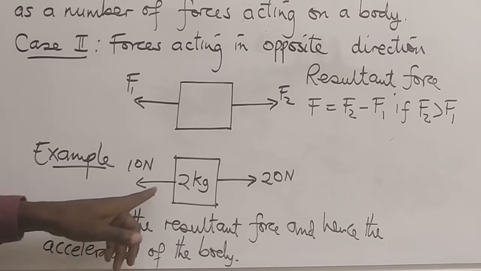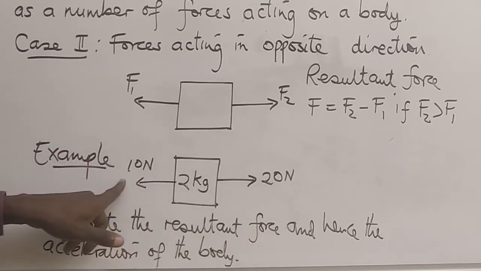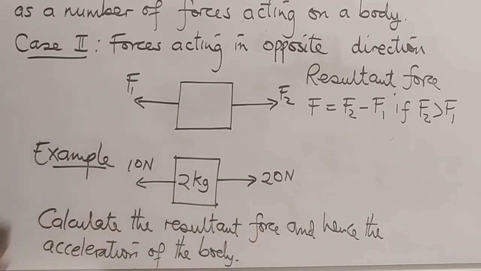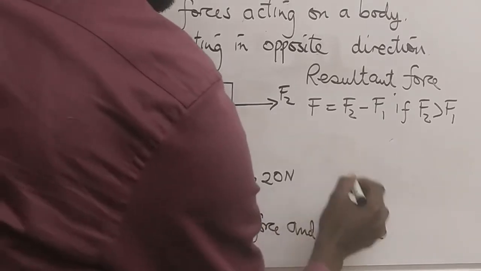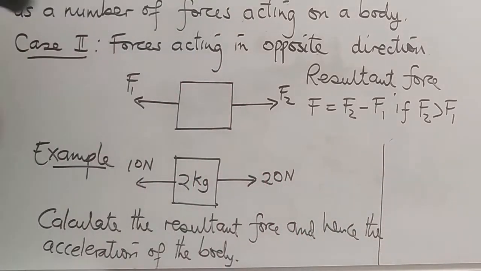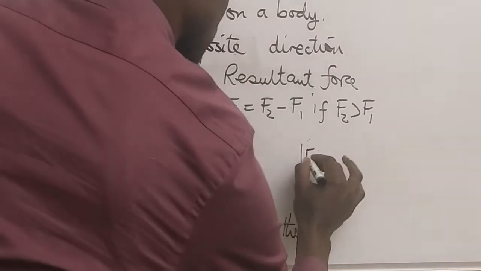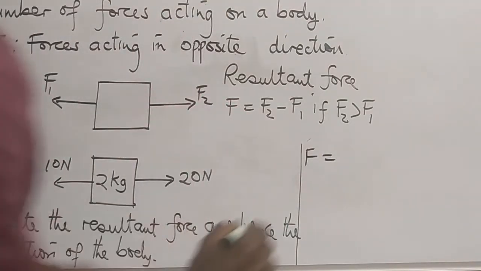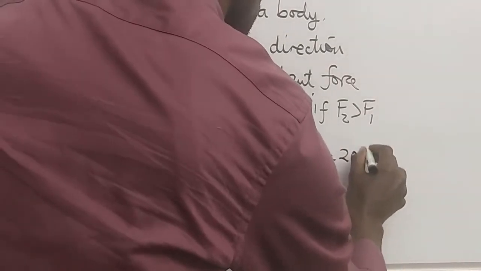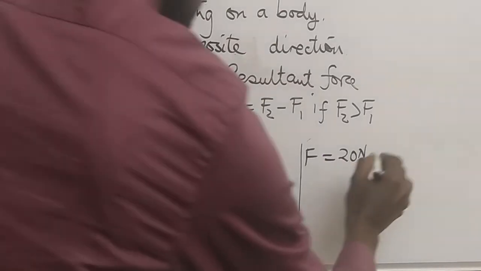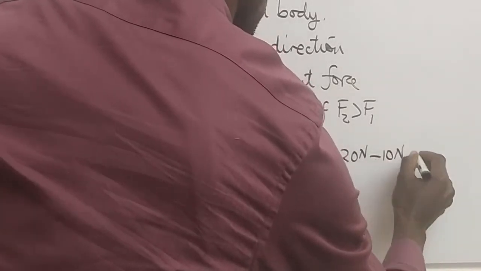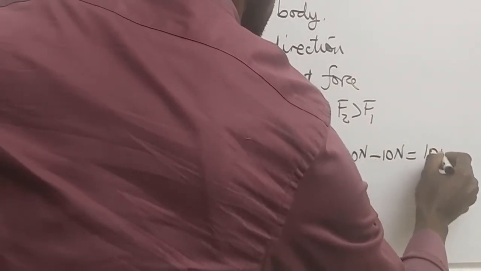So what do you do? 20 newtons, 10 newtons. When you're answering such a question, you get the bigger one minus the smaller one. So the resultant force F is going to be the bigger one, which is 20, minus the smaller one, which is 10. So we end up with a resultant force of 10 newtons.